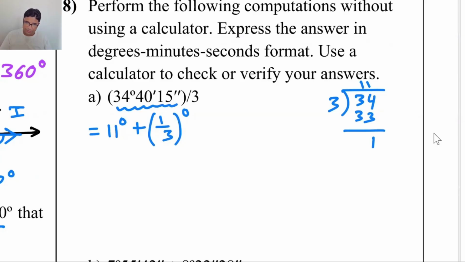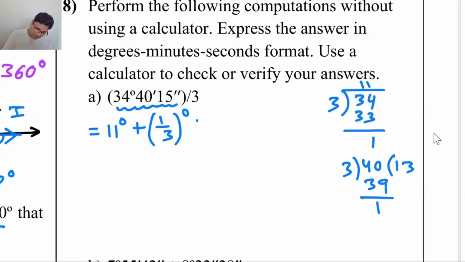And then similarly with the 40 minutes. You are dividing by 3. Let me write the question on this side. 13, clearly, 39. Remainder is 1. So that is 13 minutes plus 1/3 minutes.